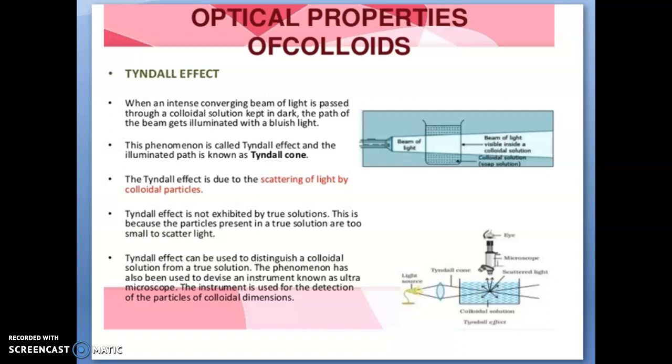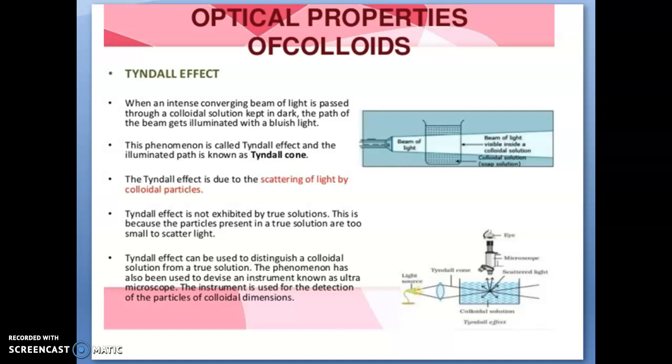When a beam of light is passed through a colloidal solution and is then viewed at right angles to the path of the beam, the path becomes visible as a bright streak. This is due to the scattering of light by the colloidal particles and is known as the Tyndall effect.